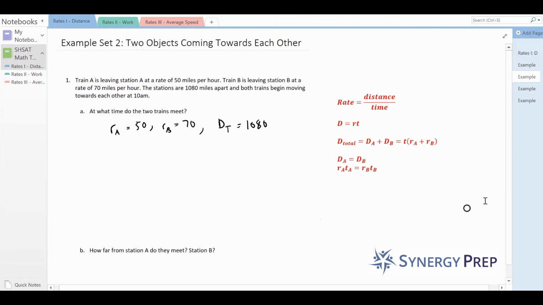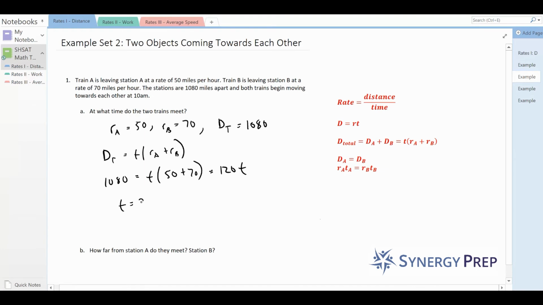Okay, well, we have our equation to the right side. So D total is equal to time times (RA plus RB). We plug in 1080 is equal to t times (50 plus 70), and 50 plus 70 is 120, so you have 120t.